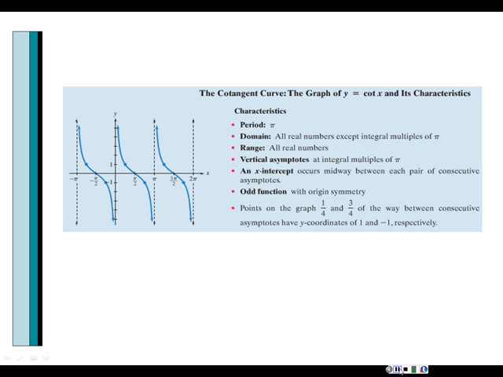In general, for the basic cotangent, the period is pi and the domain is all real numbers except multiples of pi, because the cotangent is undefined at pi.